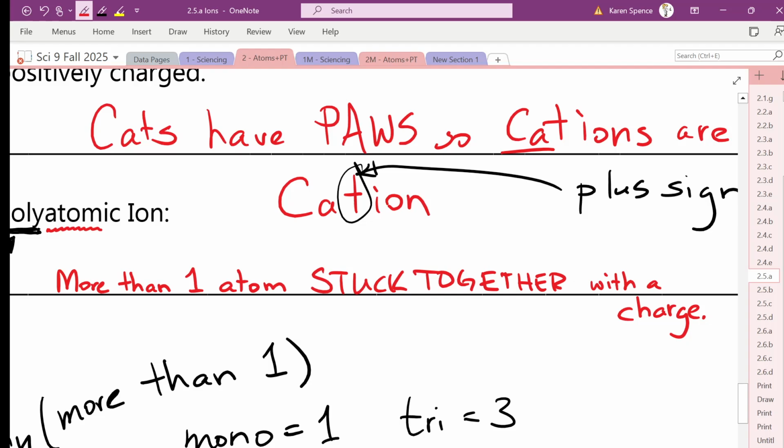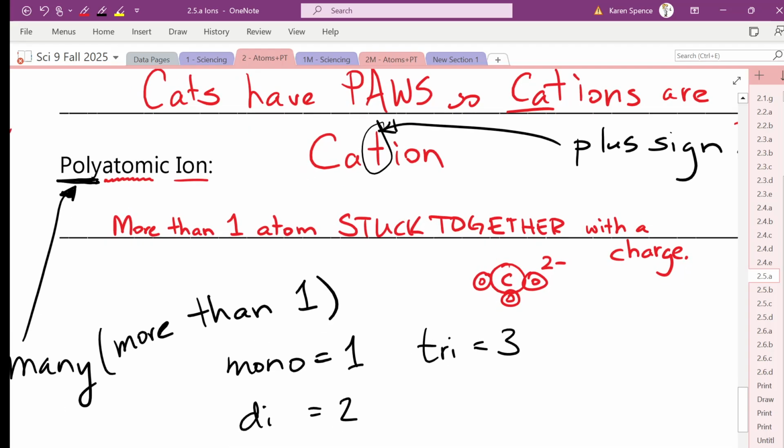So poly, many, atom, many atom, ion, many atoms with a charge. So maybe you have something like carbon with 3 oxygens on it. It's like a little molecule, but the whole thing has a charge. Okay? Or you might have O and an H with a charge. Okay?